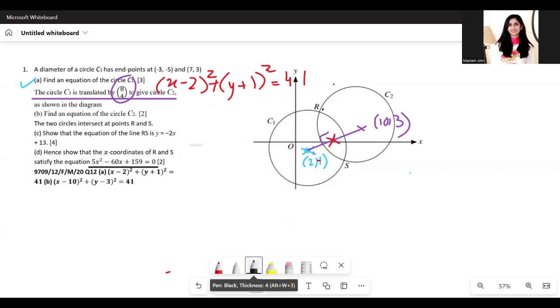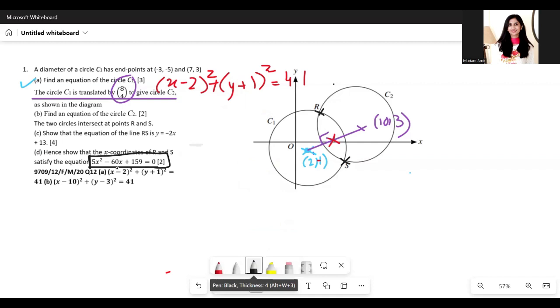They're not asking you to find the x coordinates. If they would, first you would show this quadratic equation, and then you would solve this quadratic equation to get two values of x, one of which would be the x coordinate of R, the other one would be the x coordinate of S. Anyways, for now, we just have to show that we get this equation.